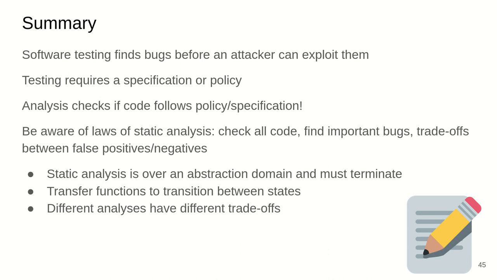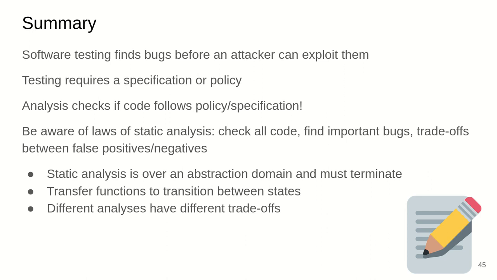So, as a summary, software testing finds bugs before an attacker can exploit them. Testing requires a specific policy or a specification. You should always check if the code follows the policy specification, integrate testing into your development practices, and certainly be aware of the laws of static analysis. Check all code, find important bugs, and be aware of trade-offs between false positives and negatives.